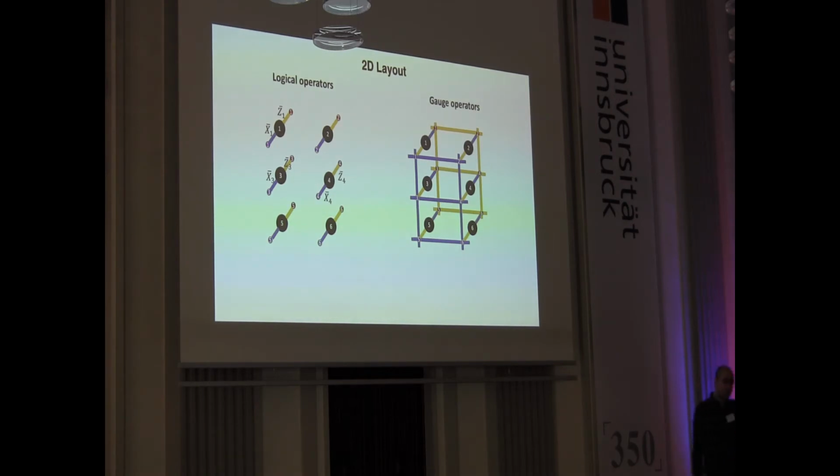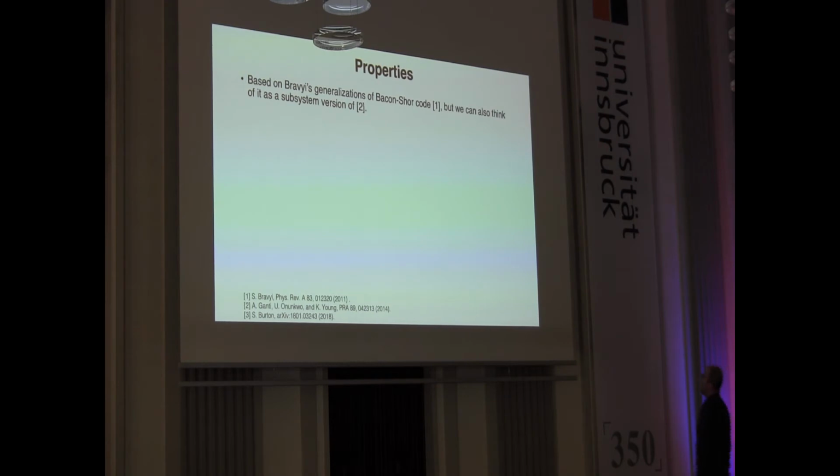This is not only for 1D, I just presented it like that because it was simpler, but we can have the same picture in 2D. Some properties of this code: the way we constructed this was using Bravyi's generalization of the Bacon-Shor code, but we also noticed that this can be related to a code that was proposed by Ganti and Carter.